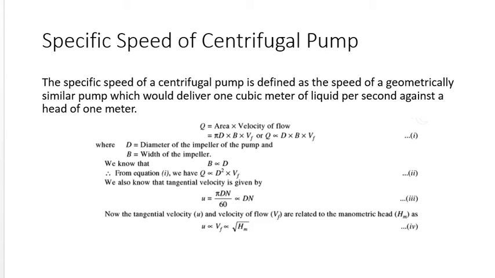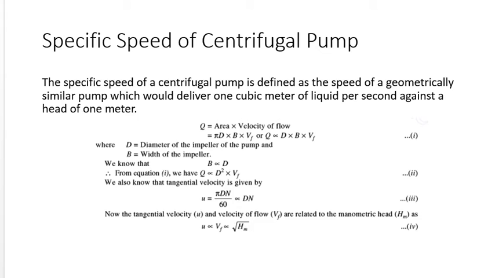So Q is directly proportional to diameter, width and velocity of flow. We know that the width of the impeller depends upon the diameter of the impeller.